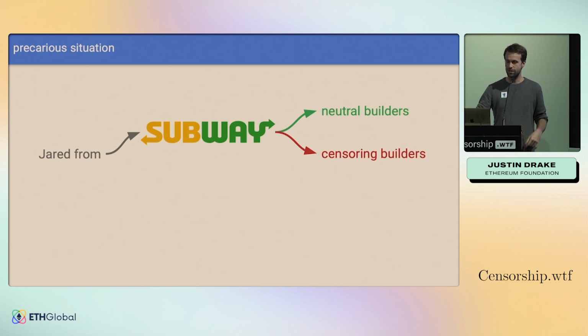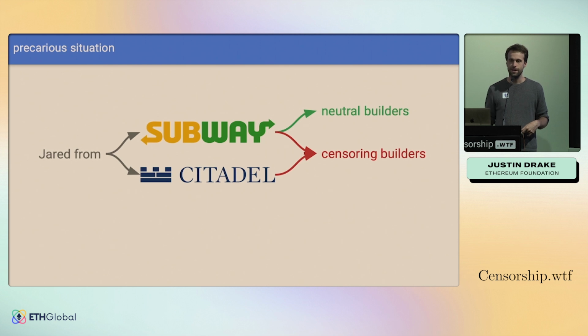But imagine that Jared from Subway gets a new job or was acquired, and now is Jared from Citadel. Well, Jared from Citadel might say, hey, we're Citadel. We don't want to send our blocks to non-censoring builders. We're only going to send them to censoring builders. Well, now, as a neutral builder, you just have to go out of business because you're not going to win a significant portion of blocks if you don't receive the bundle flow from Jared.